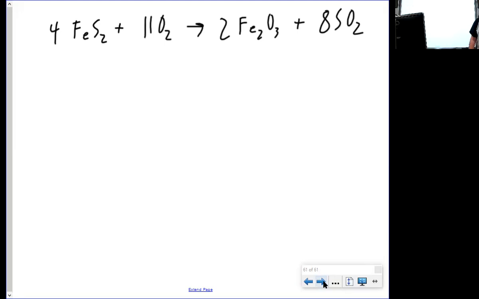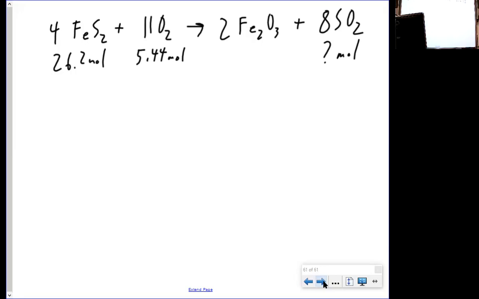All right, so it says we have 26.2 moles of FeS2 and 5.44 moles of oxygen. And the question wants to know how many moles of SO2. So the first thing I'm going to have to do is find out my limiting reactant.